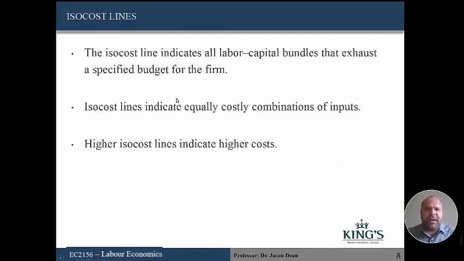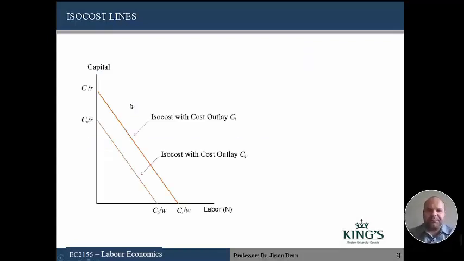Okay, now we're going to look at isocost lines. The isocost line is an indication of the labor-capital bundles that exhaust a specified budget for the firm. So it is, for example, all the combinations of capital and labor that would result in a total outlay of, say, $200. Okay, so they indicate equally costly combinations of inputs. Higher isocost lines indicate higher costs.